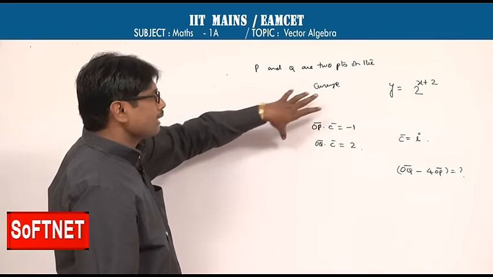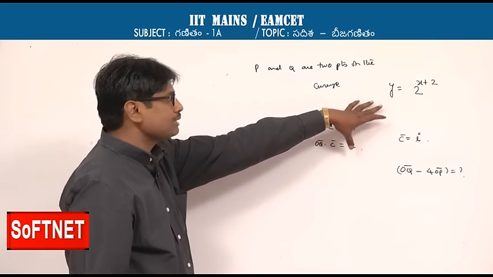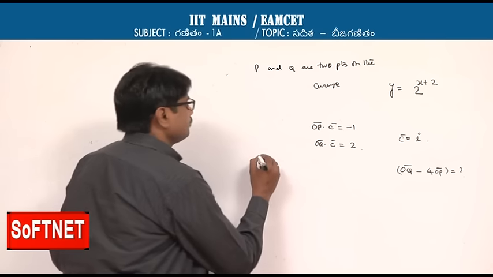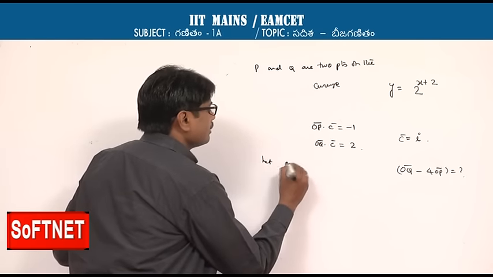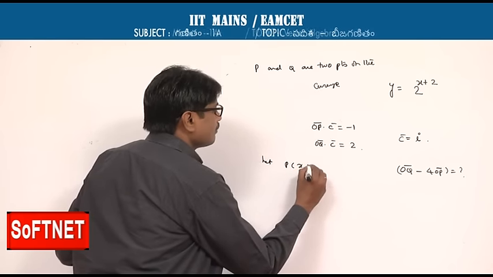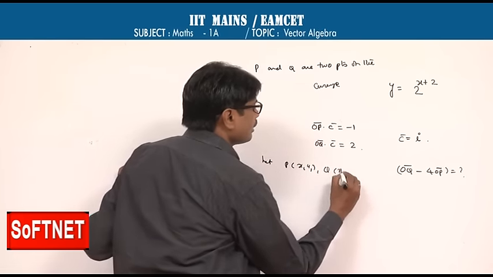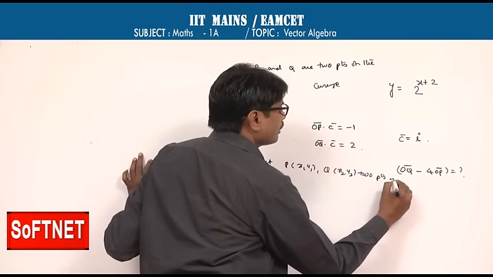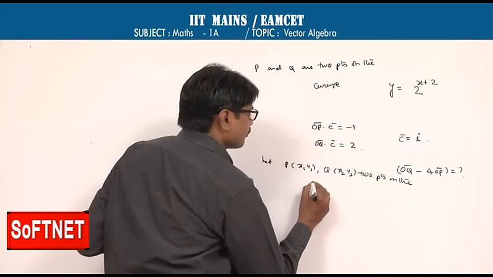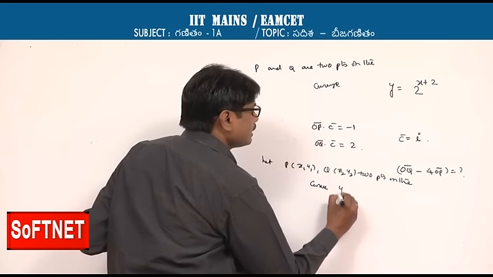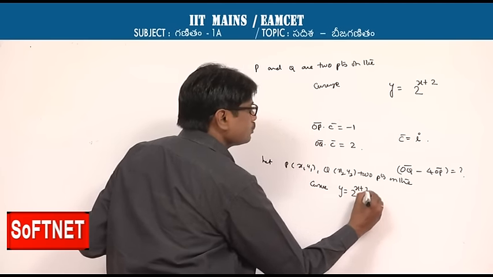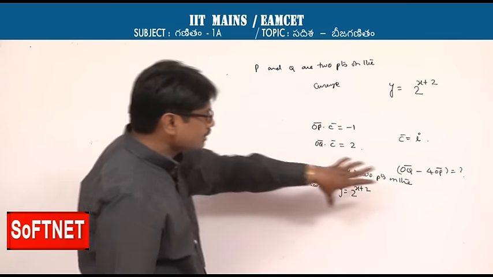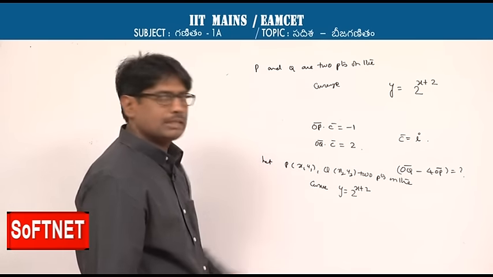ఈ క్వశ్చన్లో మనకు రెక్టాంగులర్ కార్టీసియన్ సిస్టంలో ఒక కర్వ్ ఇచ్చాడు, వాటిపైన రెండు పాయింట్లు ఇచ్చాడు. Okay, so let P be x1, y1 and Q be x2, y2, 2 points on the curve y is equal to 2 to the power of x plus 2. ఓకే, అంటే పొజిషన్ వెక్టార్స్ ఆఫ్ P, Q లు క్యాలిక్యులేట్ చేసి ఈ ఎక్స్ప్రెషన్ వాల్యూ అడిగాడు.